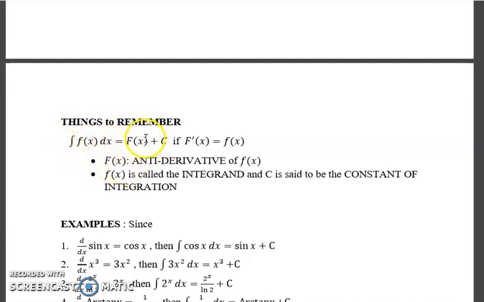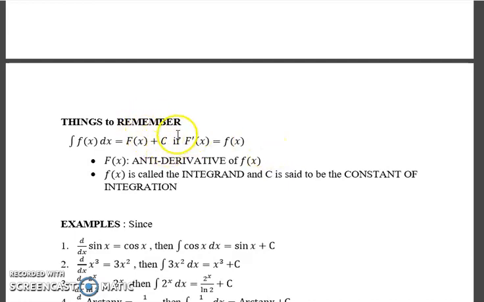Capital F is called an antiderivative of small f. So this rule in evaluating an integral is telling us that it is enough to find one antiderivative of small f, if such antiderivative has a constant term.